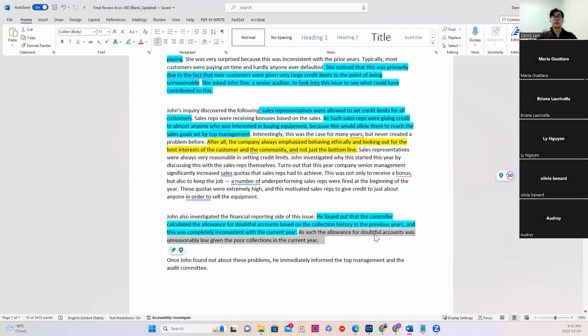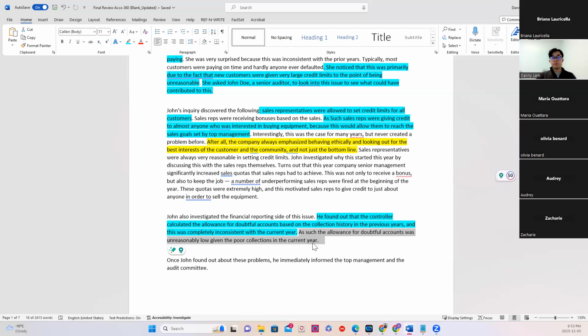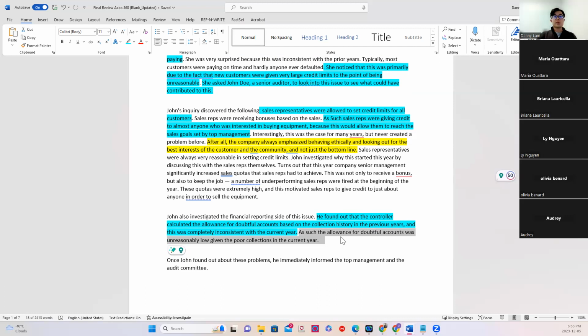But as such, the allowance for doubtful accounts was unreasonably low, given the poor collection in the current year. Well, it's because the allowance for doubtful accounts was calculated based off the previous years, but seeing how the sales quotas increased and they offered higher credit limits to customers, the AFDA wasn't adjusted for that. Exactly.